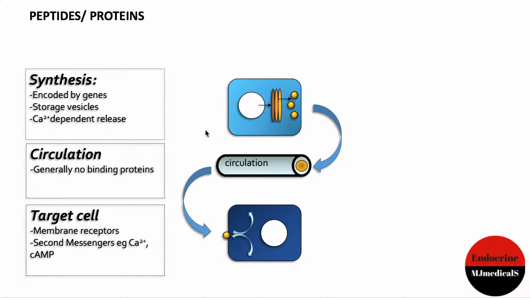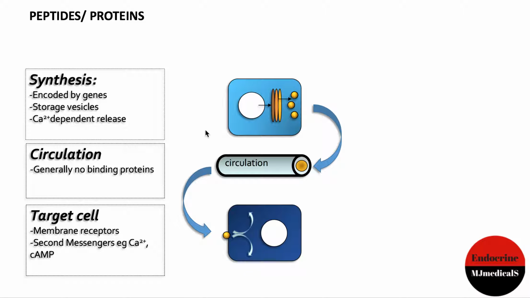calcium activation, or this is Ca2+ independent release, these molecules are released. They then travel through the circulation, and bearing in mind that peptides and proteins are hydrophilic, so they're water-loving, they don't easily diffuse through the plasma membrane, so they have membrane receptors on the surface.